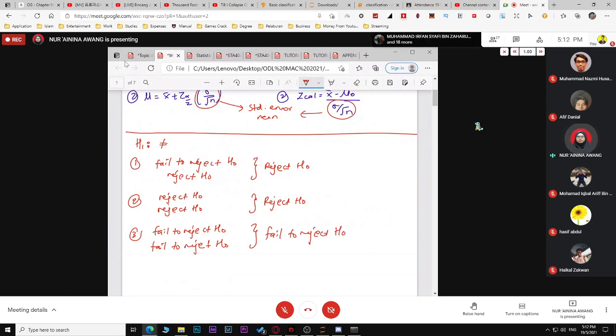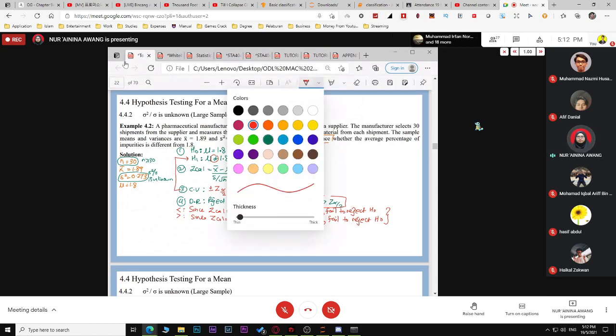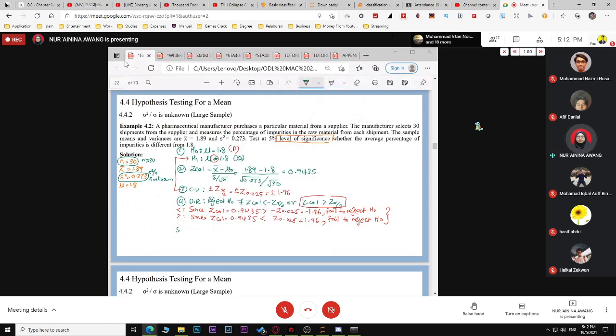Okay, so in this case, since both is fail to reject H null, so kita concludekan dia fail to reject H null. So maksudnya kita mengatakan dia equal to 1.8. Tak ada beza pula. So when you make your conclusion, macam mana nak buat conclusion? Enough ke not enough evidence untuk mengatakan average percentage tu different from 1.8?